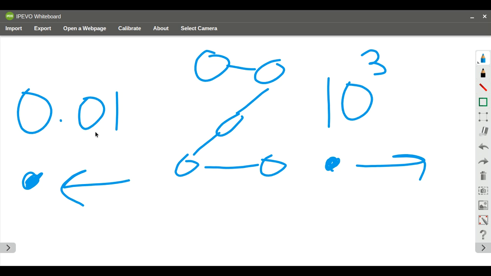So if we take a look at number 1 in your guided practice, I intentionally left this problem for last. It says, how can you use mental math to find 45 and 8/10 times 10 to the third power and 45 and 8/10 times 1/100th?